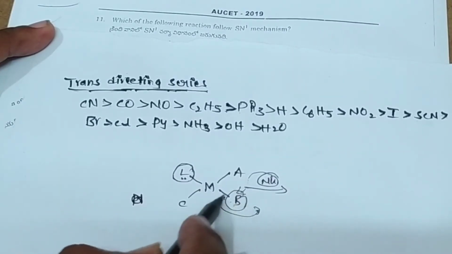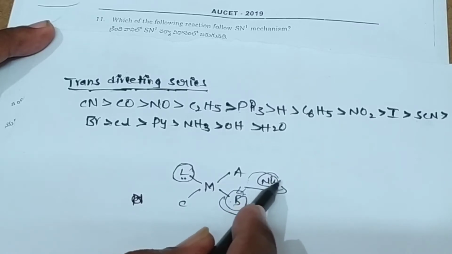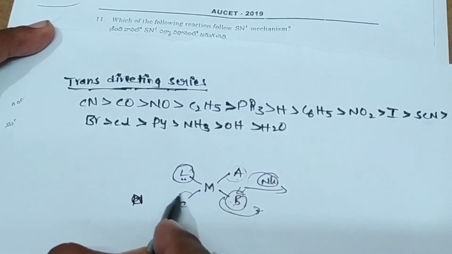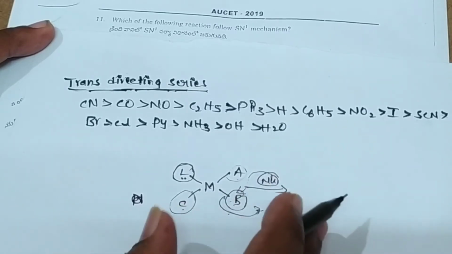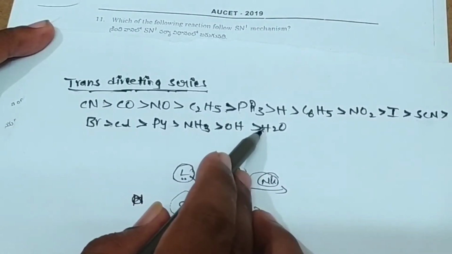This is the trans position, so B is removed and the nucleophile is attached there. Similarly, if A has very high trans ability, then C is removed. This is the trans effect. So these are the orders of the trans-directing series.